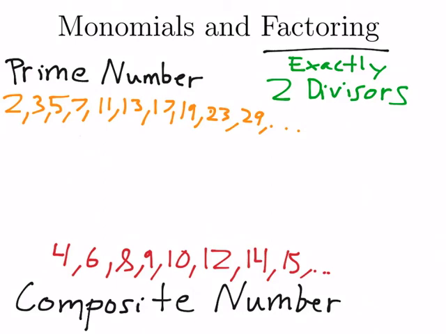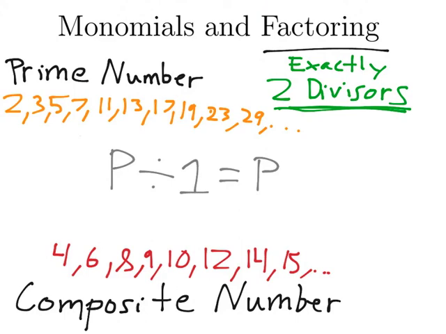But there's something special we can expand on about this 2 divisors thing. It's true that every whole number is divisible by 1. Any whole number, let's take a letter P. If you divide it by 1, you get P. So that means 1 has to be a divisor.